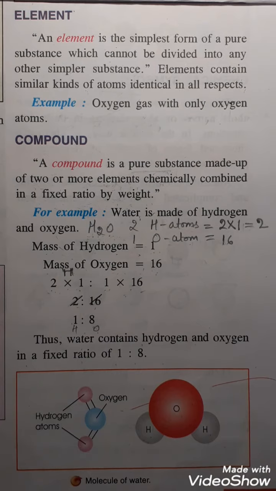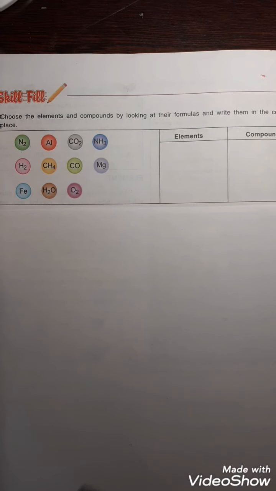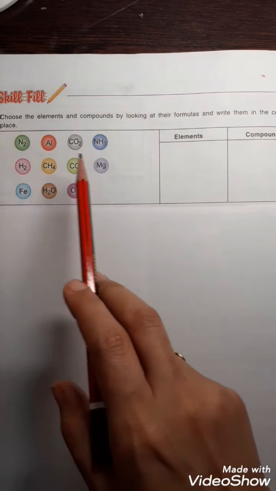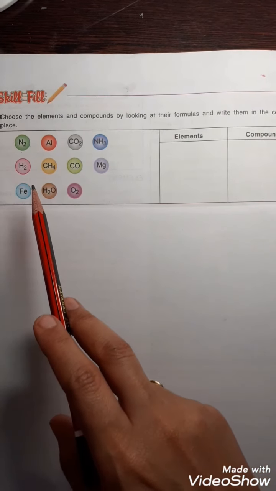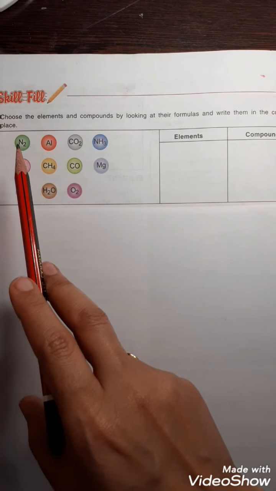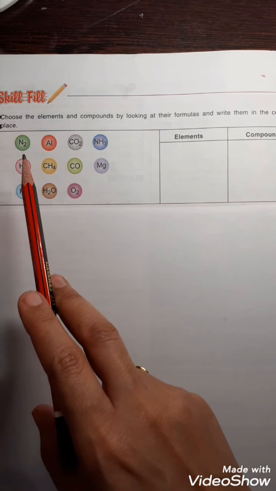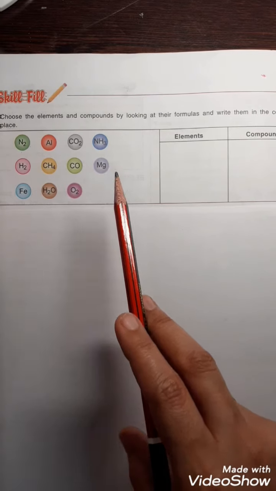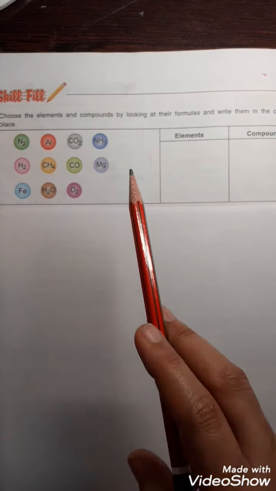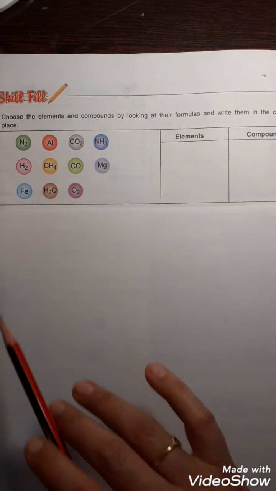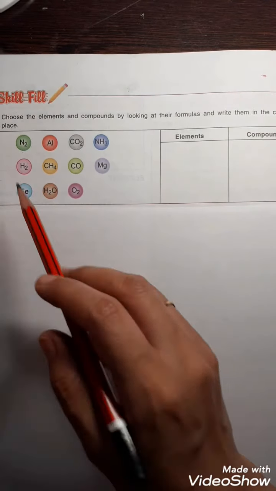Okay. Students, in this skill you need to choose the elements and compounds by looking at their formulas. We know elements are made up of the same kind of atoms. Please remember it. And compounds are made up of 2 or more different types of atoms. Okay. So let's find out the elements.